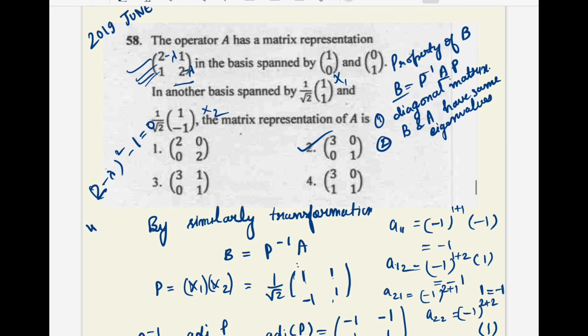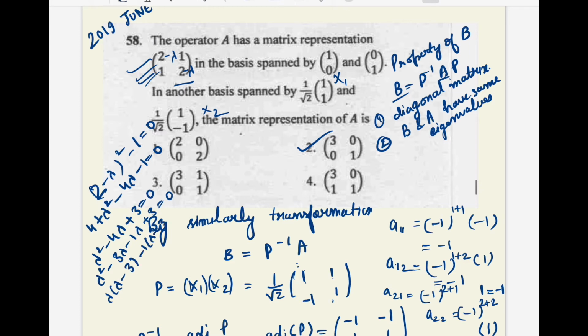We will solve it: 4 plus lambda squared minus 4 lambda minus 1 equals 0, which is lambda squared minus 4 lambda plus 3 equals 0. So lambda squared minus 3 lambda minus 1 lambda plus 3 equals 0. This becomes lambda minus 3 times lambda minus 1 equals 0. This becomes lambda equals 3 and lambda equals 1, as told.